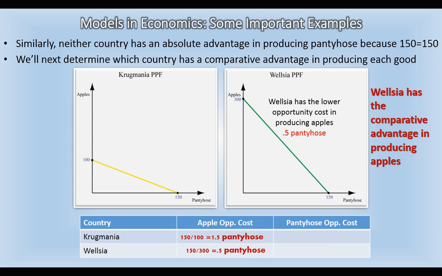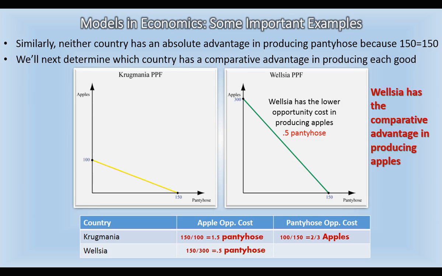So let's do the same thing for pantyhose. Let's talk about Krugmania's opportunity cost for producing pantyhose in terms of apples. Remember, to produce pantyhose, you're giving up apples, so the cost will be in apples. For any party, really, this is the reciprocal thing I was talking about earlier. If you want to figure out in this two-good world the opportunity cost for the other good an entity, be it a country or individual, can produce, you just take the reciprocal of the opportunity cost for the other good.